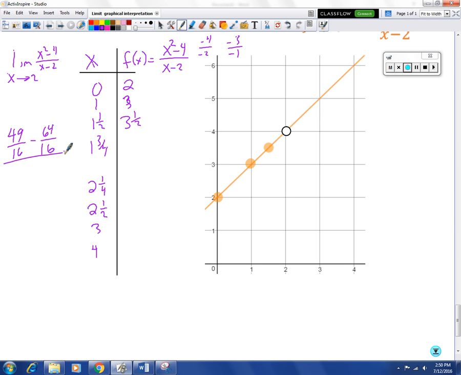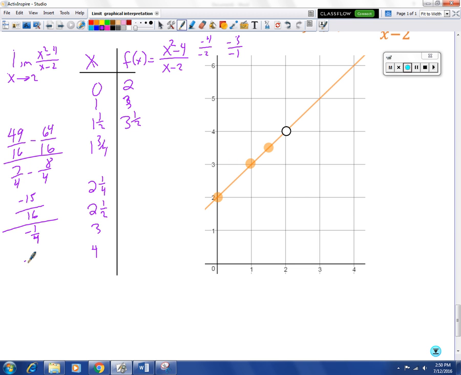On the bottom I have 7/4 minus 2, and that's the same as 8/4. Just to speed us up a little bit. 49 minus 64 is negative 15, so negative 15 over 16, and over negative 1/4, 7/4 minus 8/4.